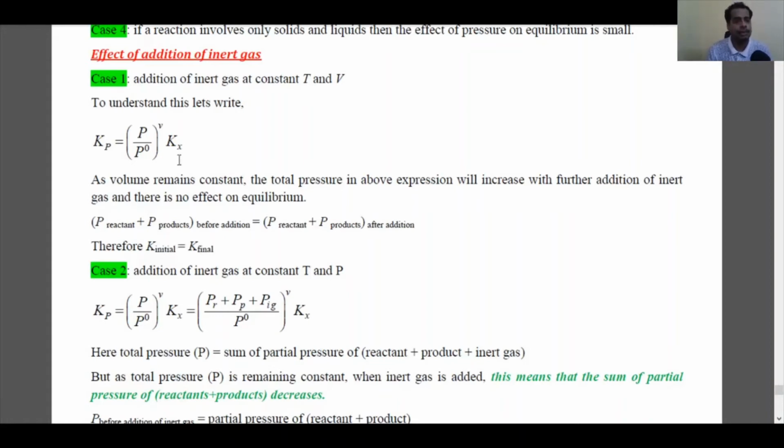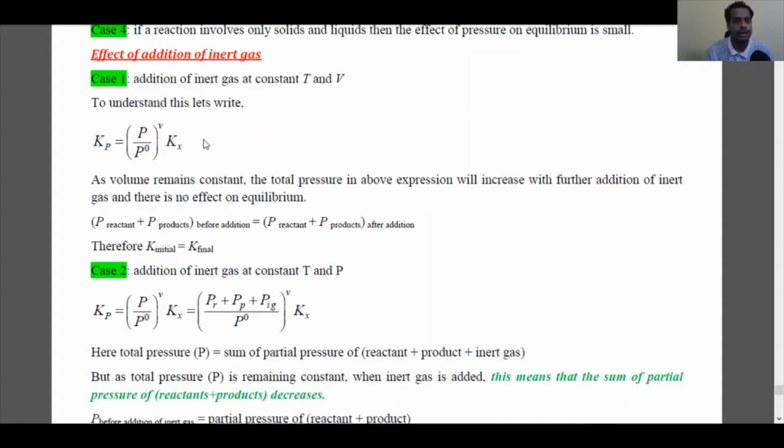So Kp will be Kx times (P by P0) to the power Δν, where Δν is again the sum of number of moles of gaseous products minus the sum of number of moles of gaseous reactants. What is P? P is total pressure. P0 is a reference state pressure. Generally it is the standard state pressure.